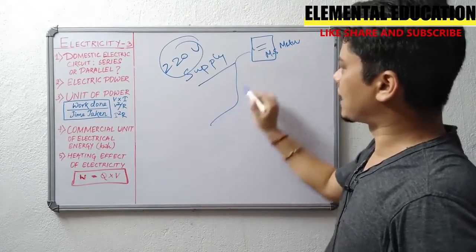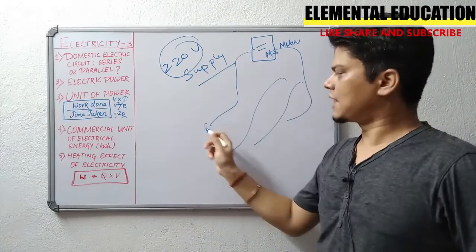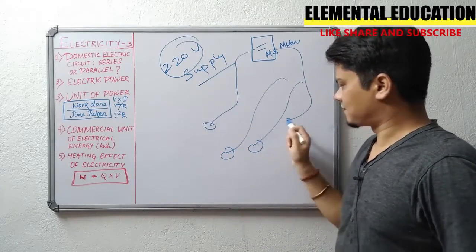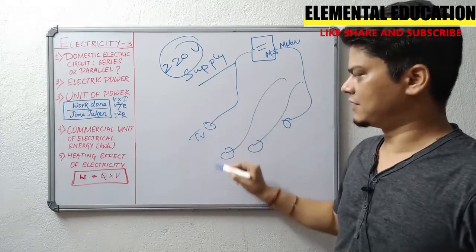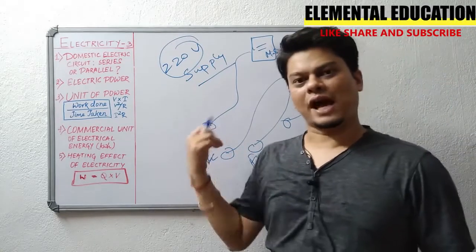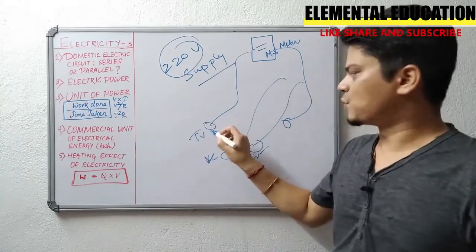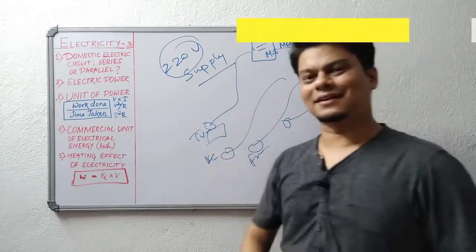From there we get wiring for all the appliances we connect in our house, maybe TV, AC, fridge, whatever we connect. We have so many plug points and so many switch boards. So how is it connected?